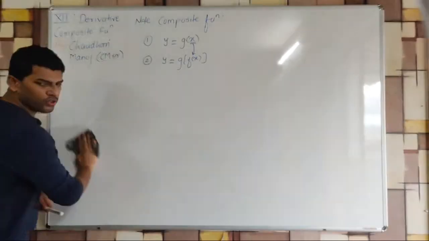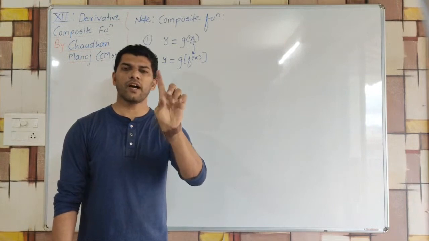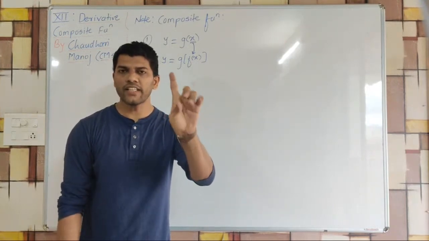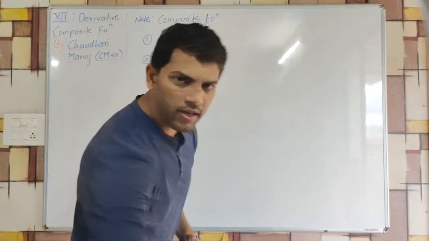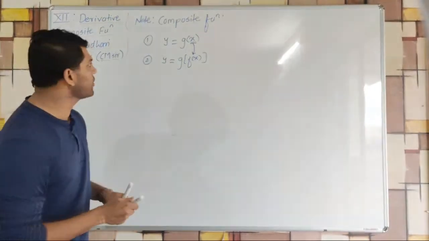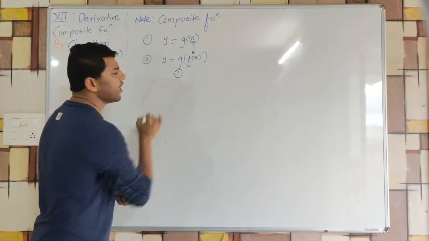And in a composite function you have to always specify 1 and 2. So tell me friends, what is 1 and what is 2 in a composite function? 1 means the original function. See, this is the original function, so I am considering it as a 1.